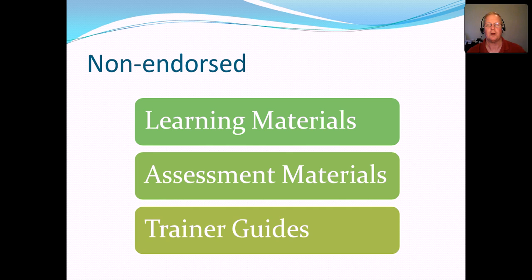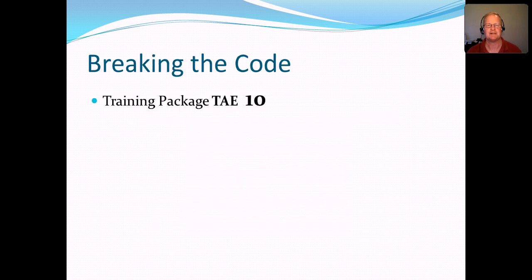All RTOs will apply the endorsed components, whereas each RTO will design their own learning materials, assessment materials and trainer guides for the non-endorsed components. I hope you understand the concept of those two components.